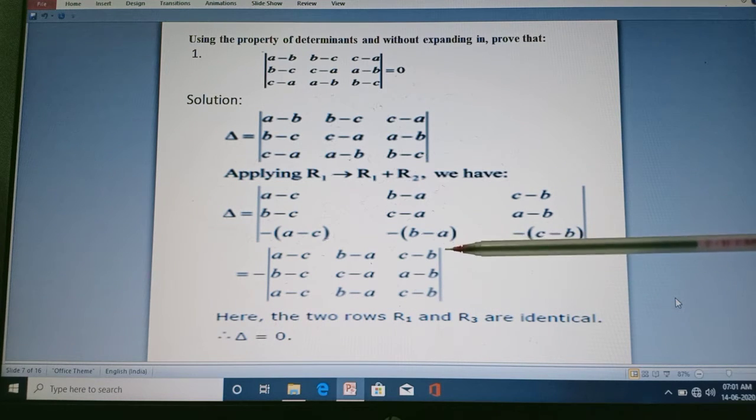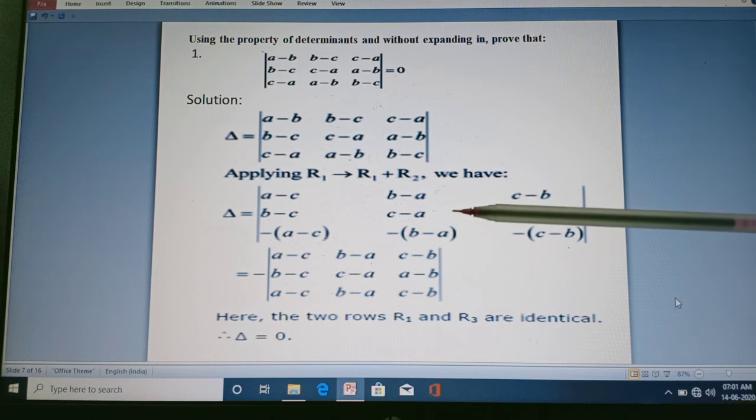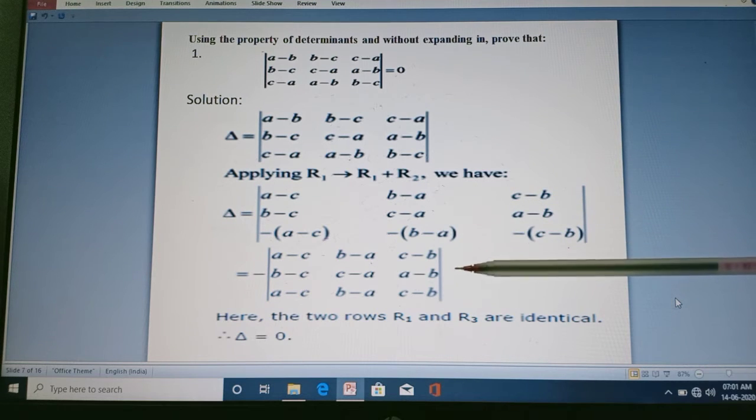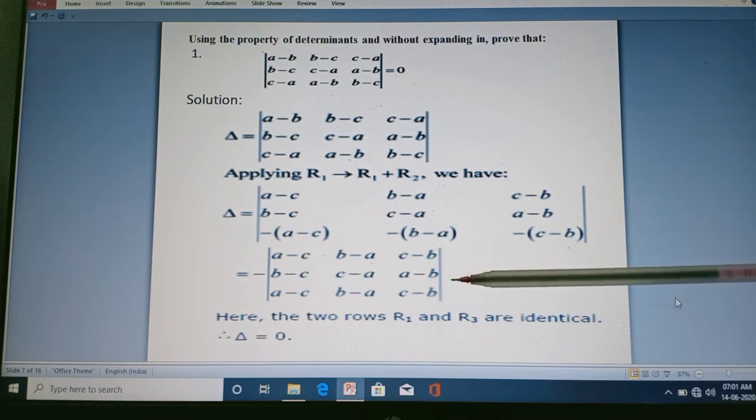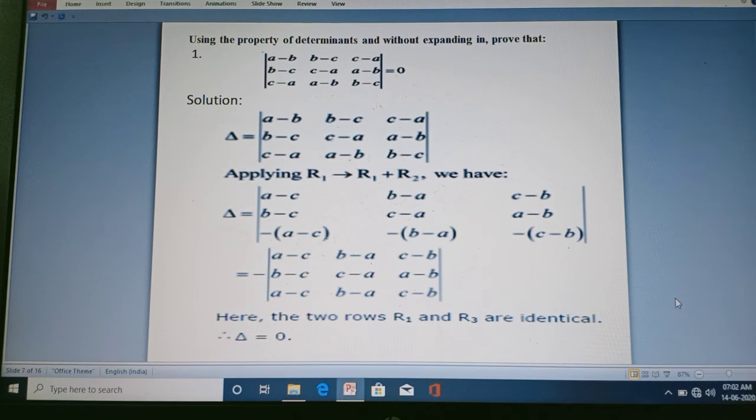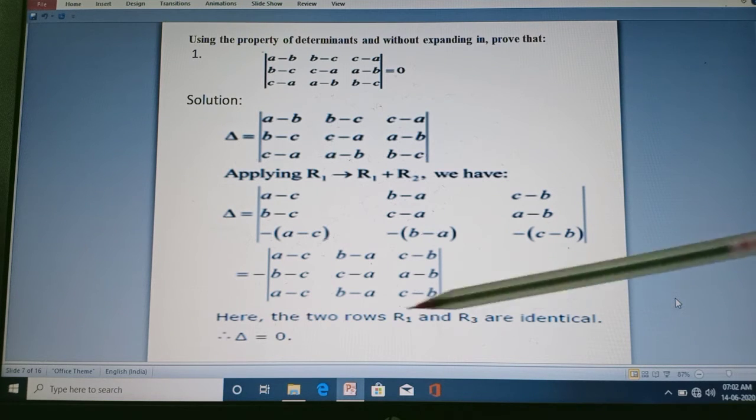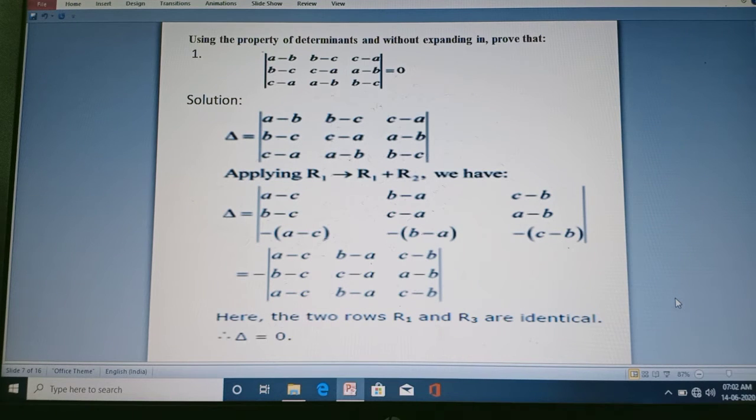You can see that the first row and third row are identical. So using the property that when any two rows or any two columns are identical, the value of the determinant will be 0, we can say that the value of the determinant will be equal to 0.